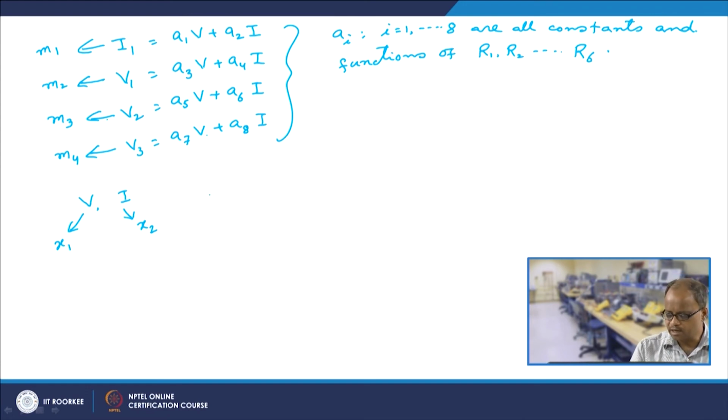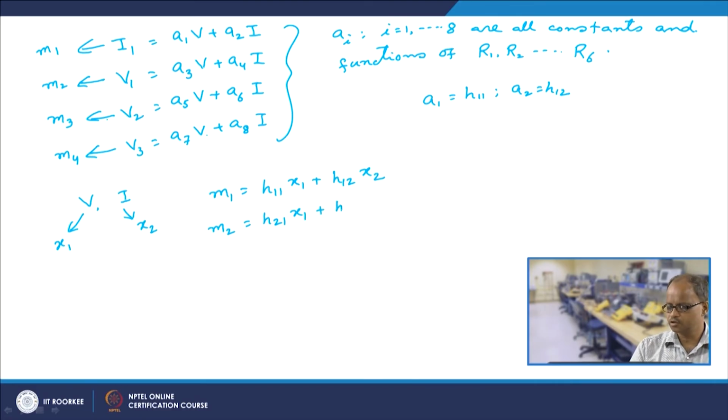So, what I will write is that M1 is equal to H11 x1 plus H12 x2, where of course I am writing A1 is equal to H11, A2 is equal to H12. Similarly, M2 is equal to H21 x1 plus H22 x2. Obviously, A3 is equal to H21 and A4 is equal to H22.